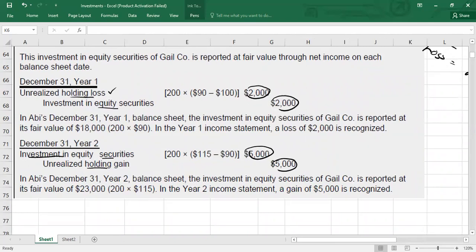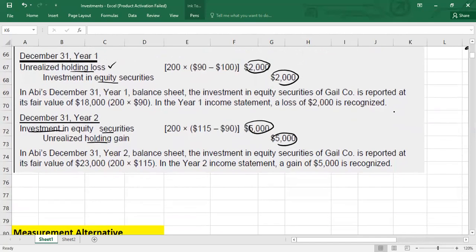Then in year 2, in the balance sheet, you will record your investment in the asset section at current market value, which is 115 times the number of stocks, 200.